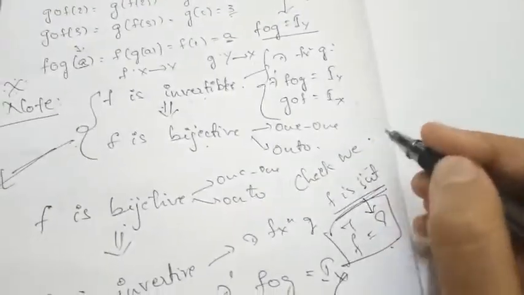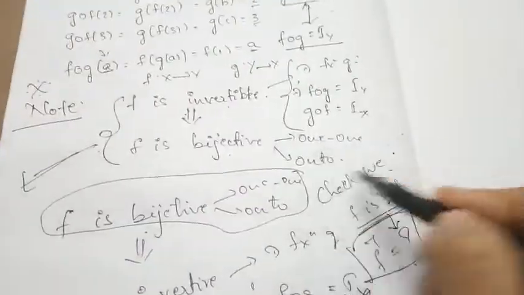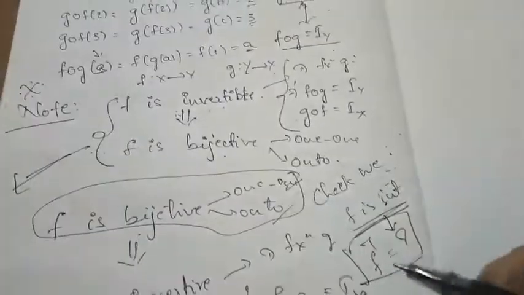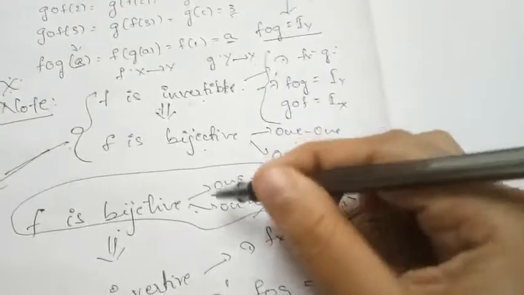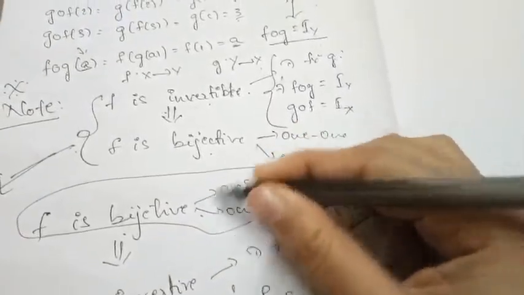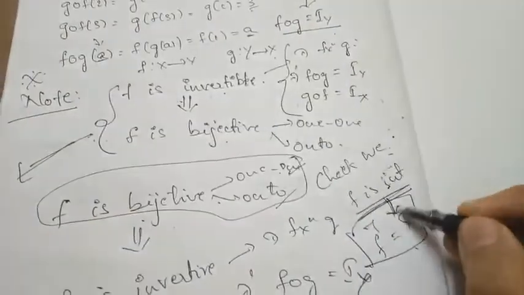In this case, if you check that the function is one-one and onto, that is enough. If the function is bijective, it is invertible, so you can write that it is invertible. There is no need of finding the inverse.